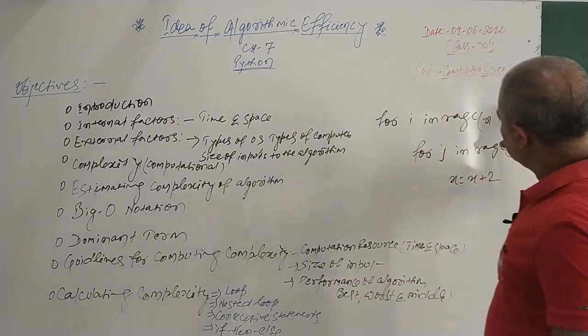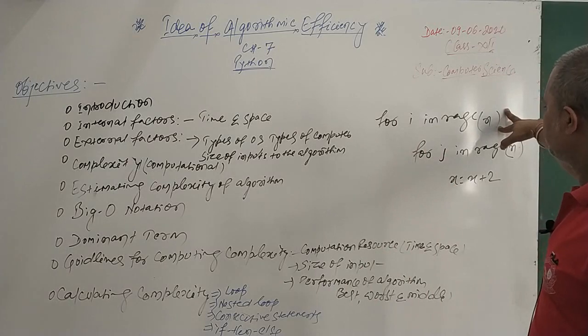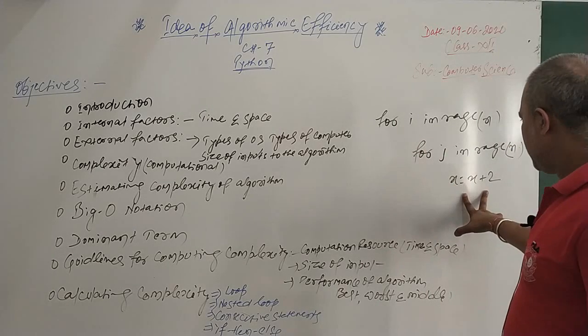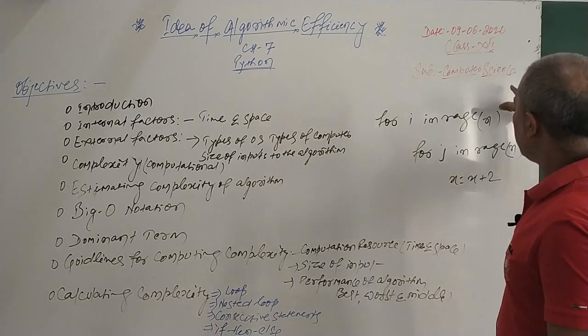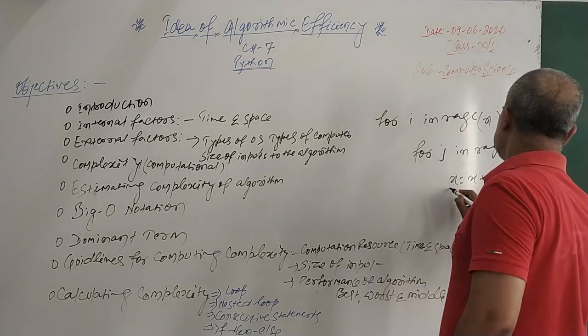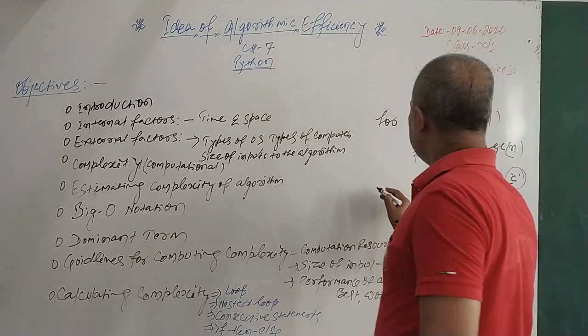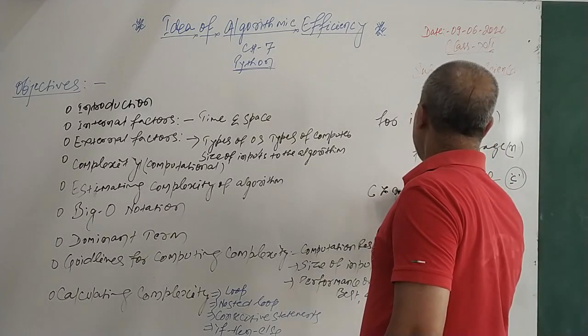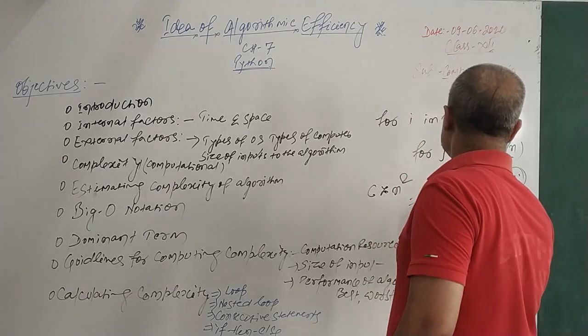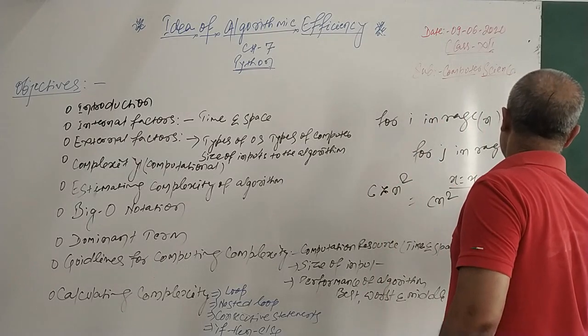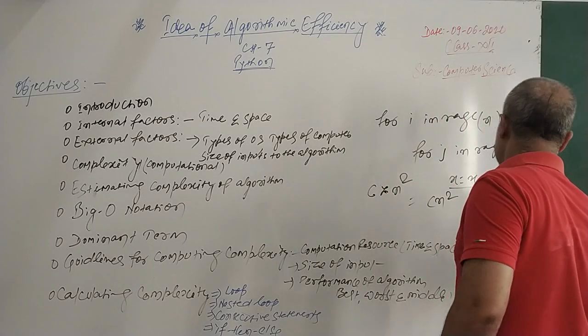Just see, the outer loop is n times, and the inner loop is also n times. So this statement will iterate n squared times, and if c is the constant time it will take, then c * n squared, that is cn squared. In representation you can say O(n squared) is the complexity of this.